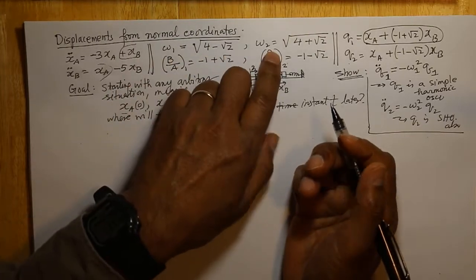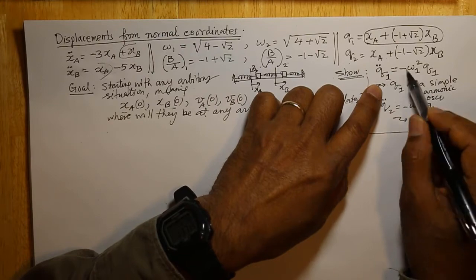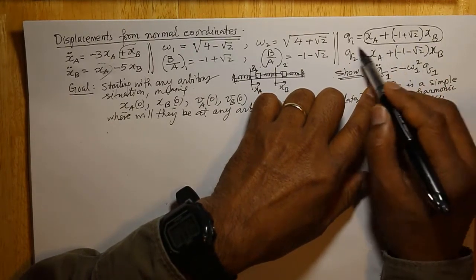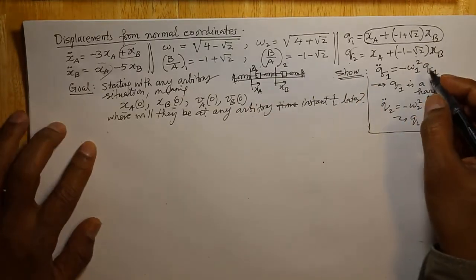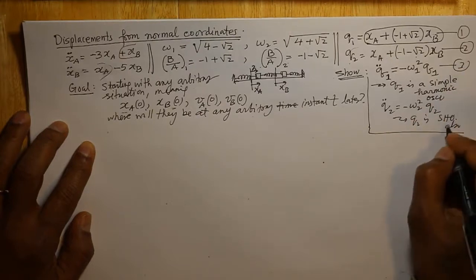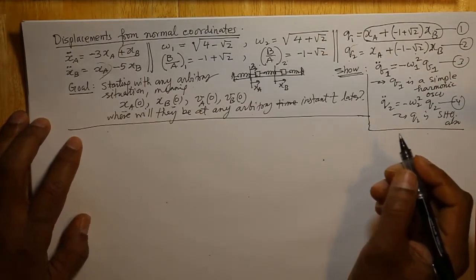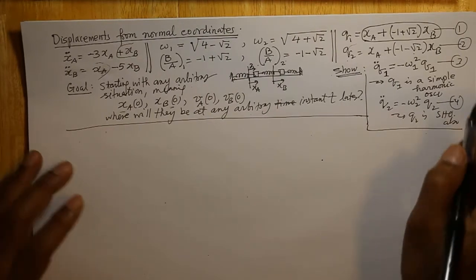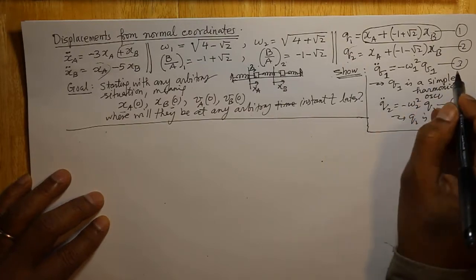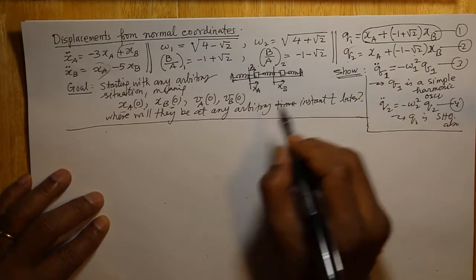So I get the normal modes, and if I get the Q1s, they are easy to solve, and Q1, Q2 are related to XA, XB. Let's call these equation 1, equation 2, and 3, and 4. So my thinking would be, we know 3 and 4, so solve 3 and 4, and put into 1 and 2, and find out XA and XB.